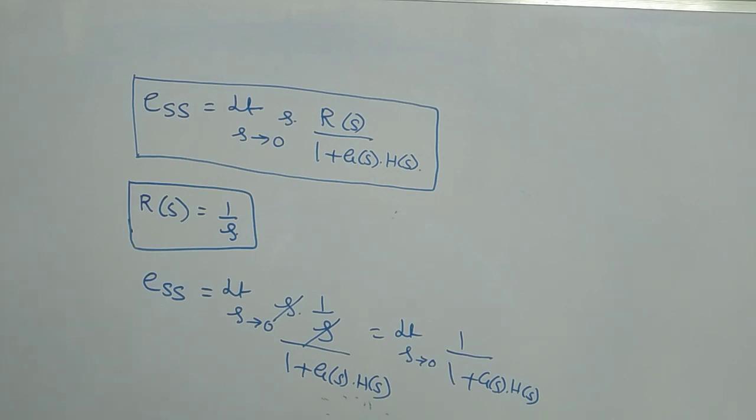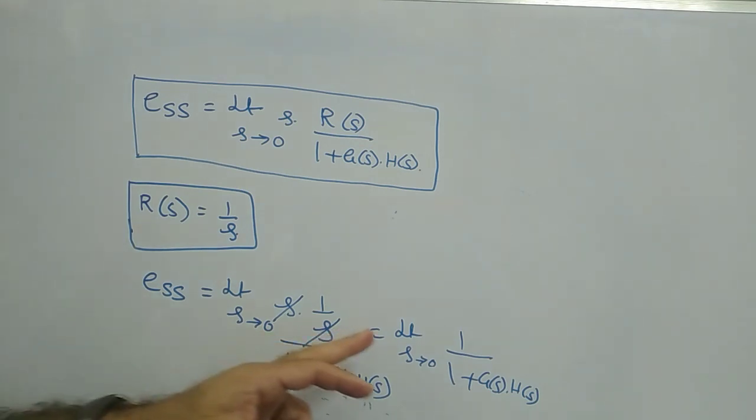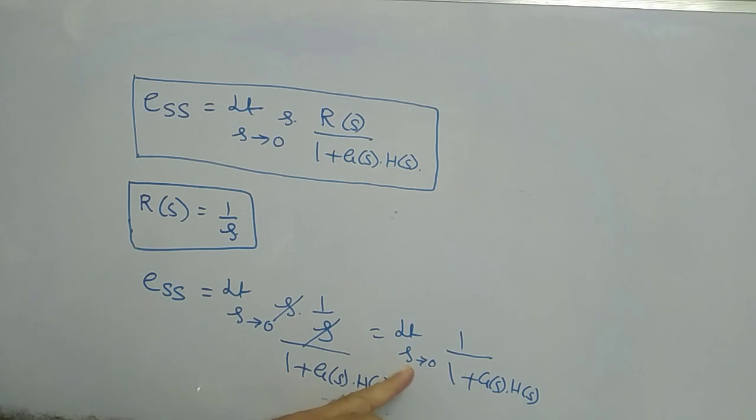Okay, clear? So s tends to 0. Now apply this limit to these terms. Here the s term is not there.